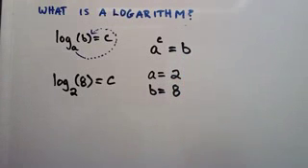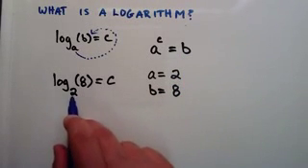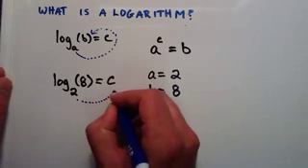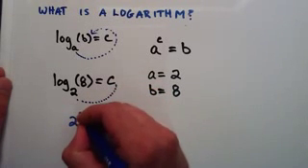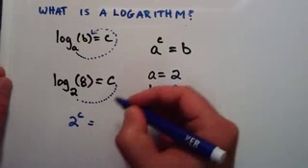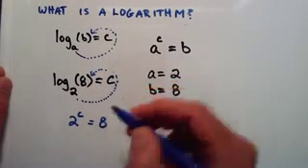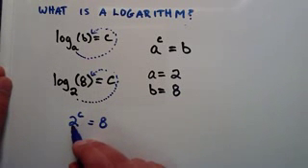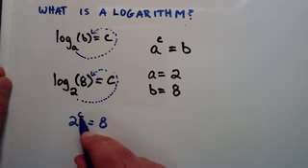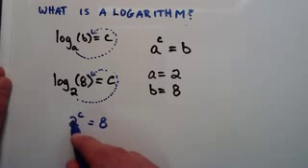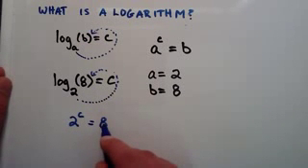So, okay, doing the scorpion tail technique, what we're asking here is: 2 raised to the C power is equal to 8. So what does 2 have to be raised to in order to equal 8? 2 to what power equals 8?